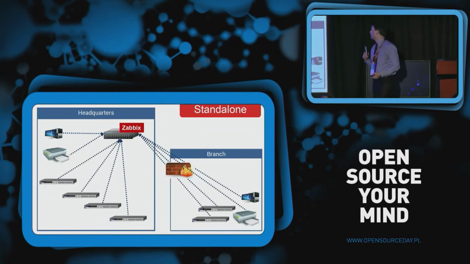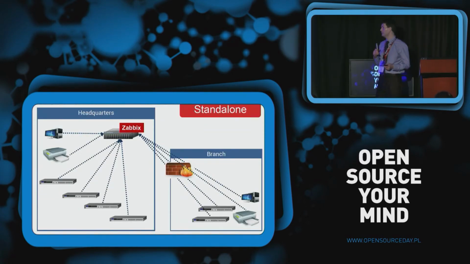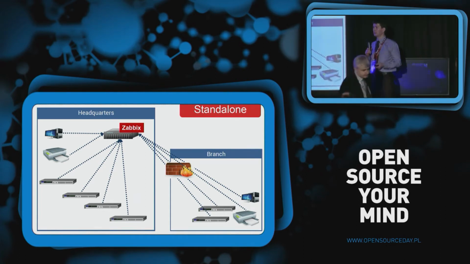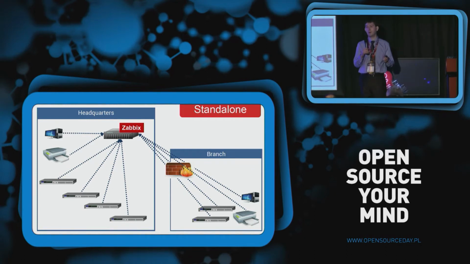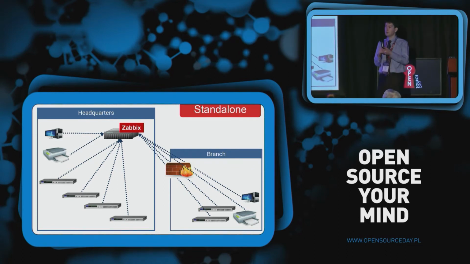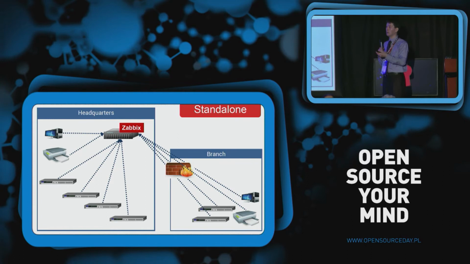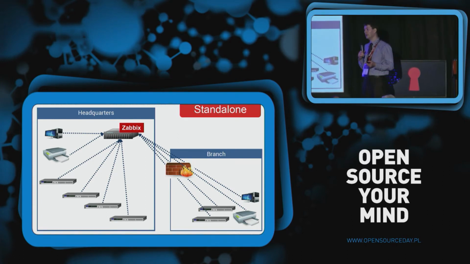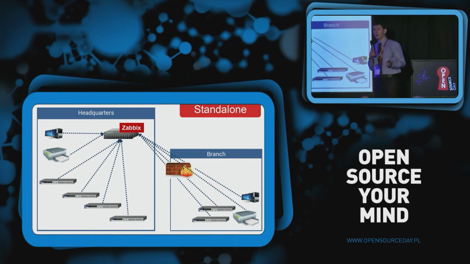When you deploy Zabbix, you may deploy it in a number of ways. One is standalone. If you have a rather small IT environment, you just install a single Zabbix server, and it will take care of monitoring the whole IT environment.